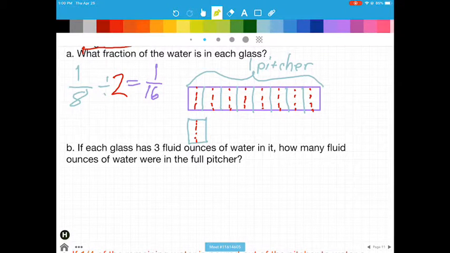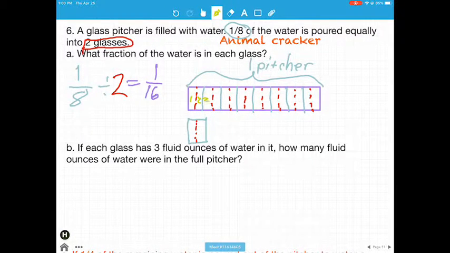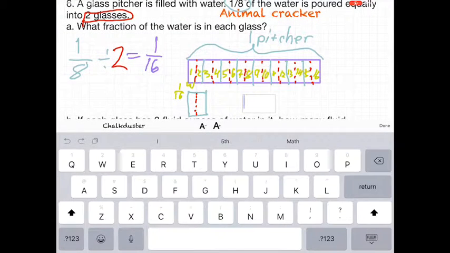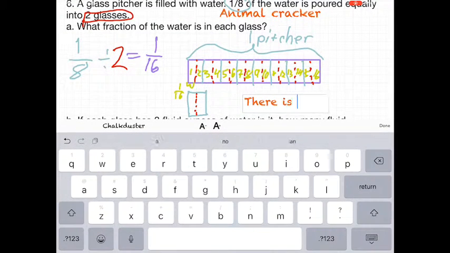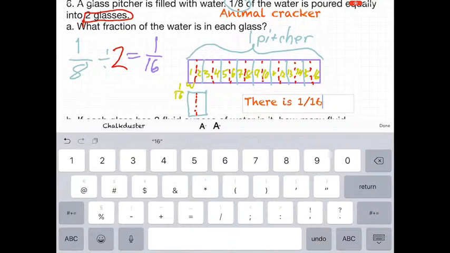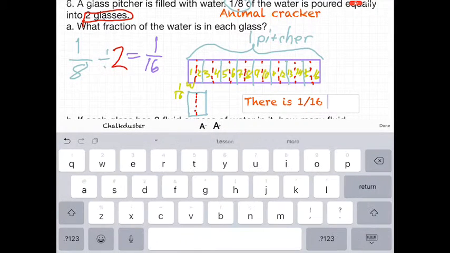But let's check to make sure. 1, 2, 3, 4, 5, 6, 7, 8, 9, 10, 11, 12, 13, 14, 15, 16 pieces. So one of these is equal to 1/16. So the answer is there is 1/16 in each glass.